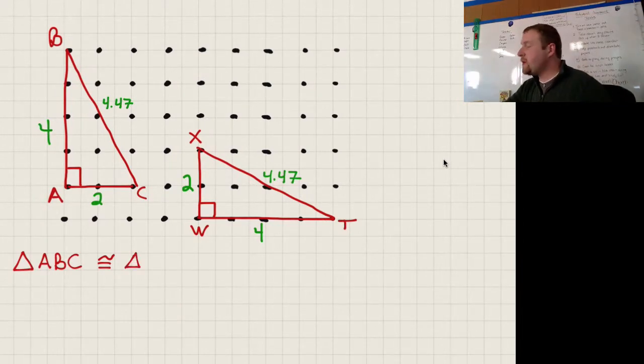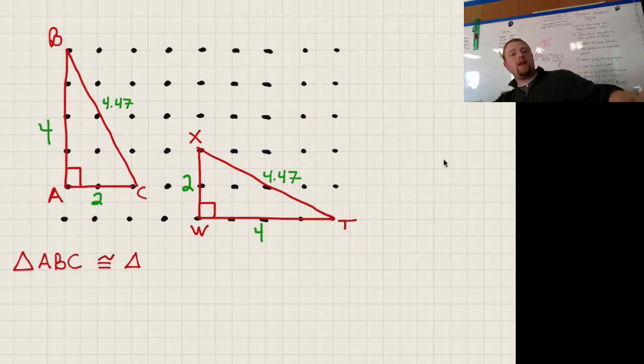First of all, at what angle or between what two sides is the point A located? That's a right angle, right?